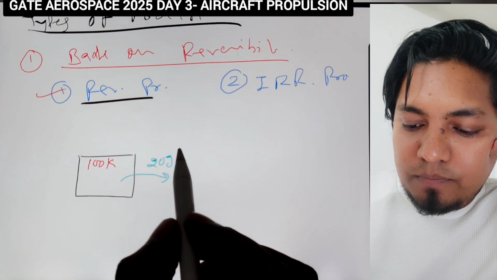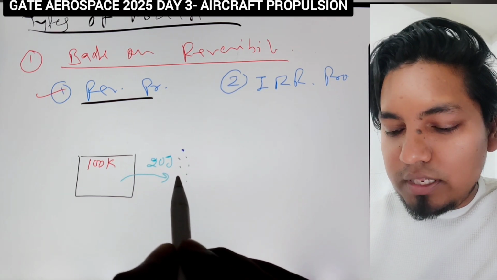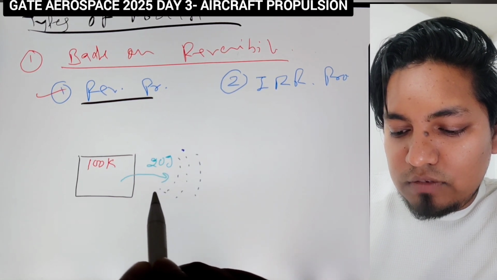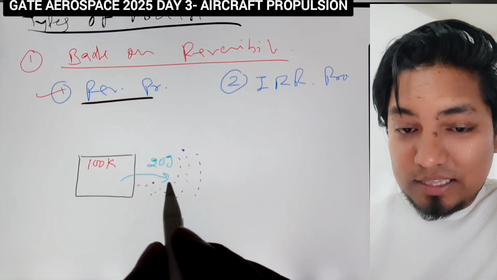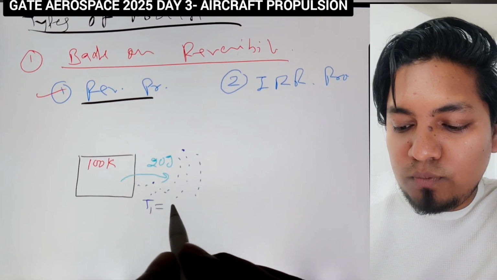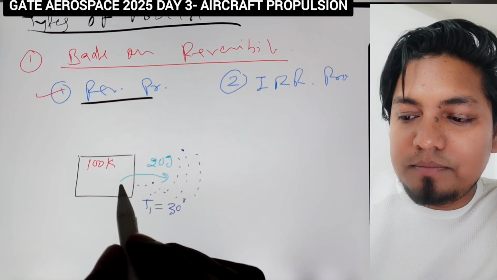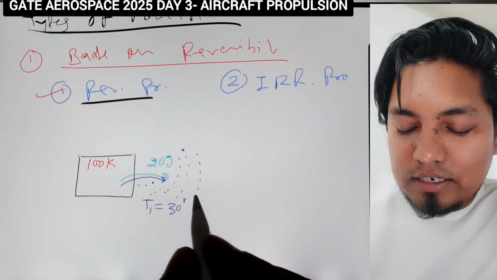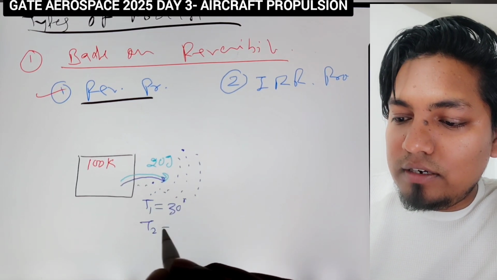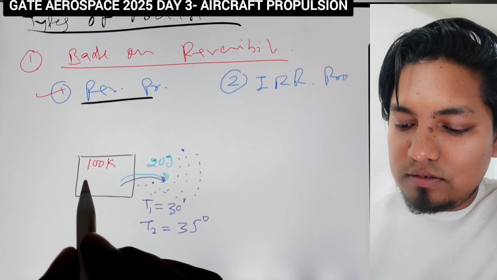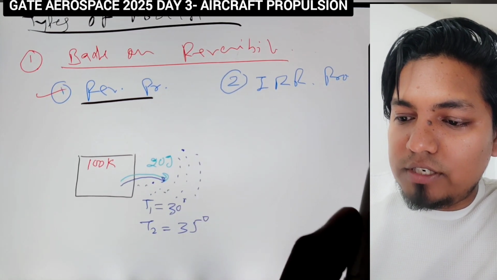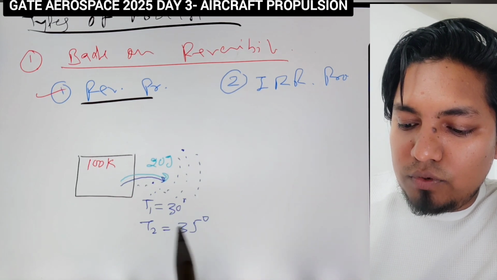So suppose when heat was not there, at that time temperature T1 is equal to 30 degree, and when 20 joule heat came out, the surrounding temperature T2 became 35 degree. Take everything in Kelvin, otherwise because of the explanation I could not take care of units.